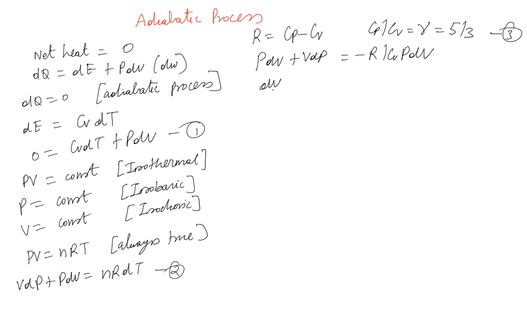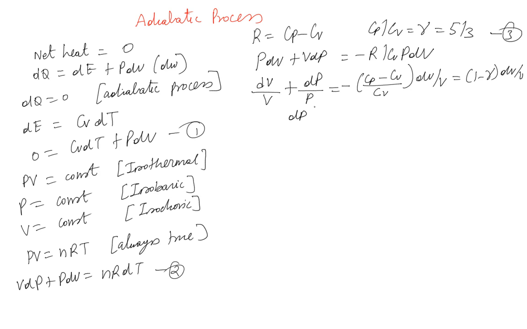And we can write dV over V plus dP over P equals minus Cp minus Cv divided by Cv dV over V, which equals 1 minus gamma dV over V. Now we can simplify it further to look like this, and we can integrate that.